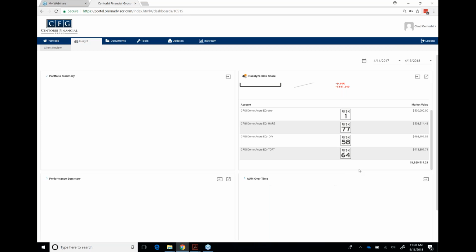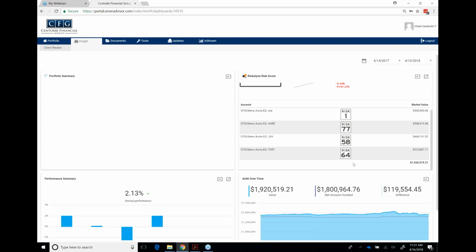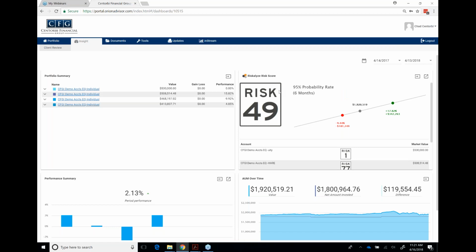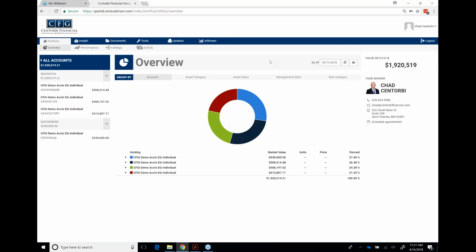So if you add an outside account on maybe a Friday, like maybe you want to feed your 401k in, by Tuesday or Wednesday that should be live and accurate on the risk number. It is not instant, because once that comes in, we need to match those securities up so that we can keep that risk number as accurate as we can.